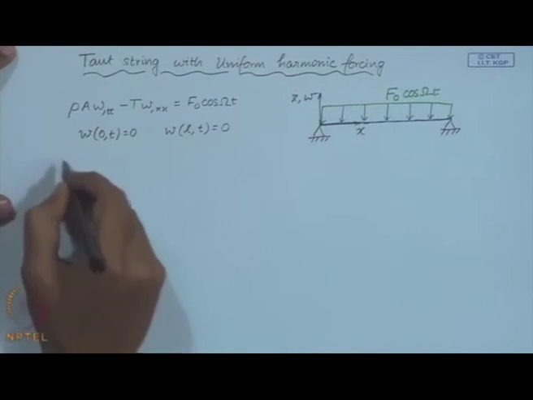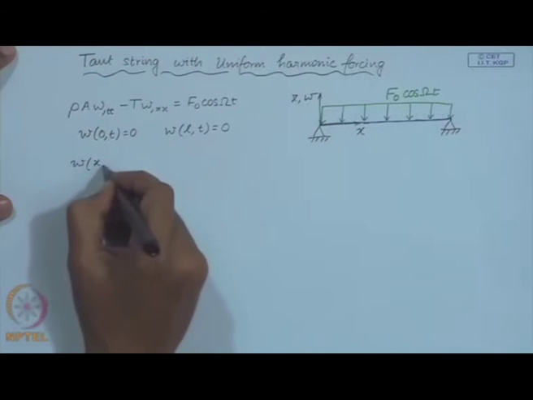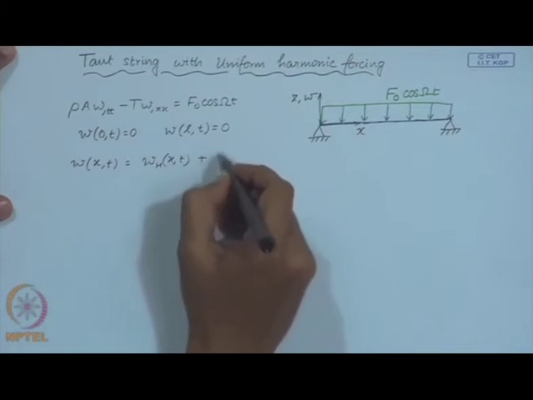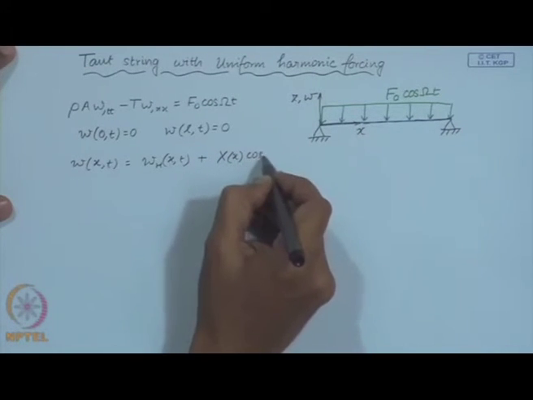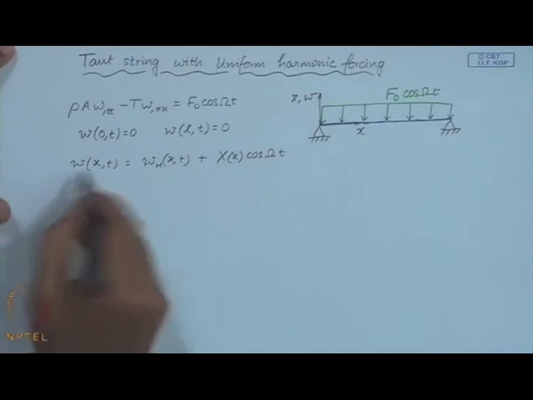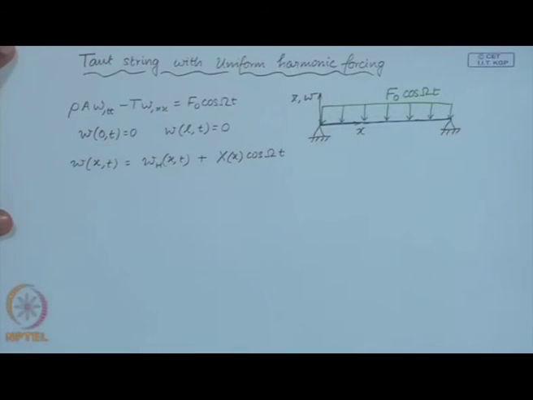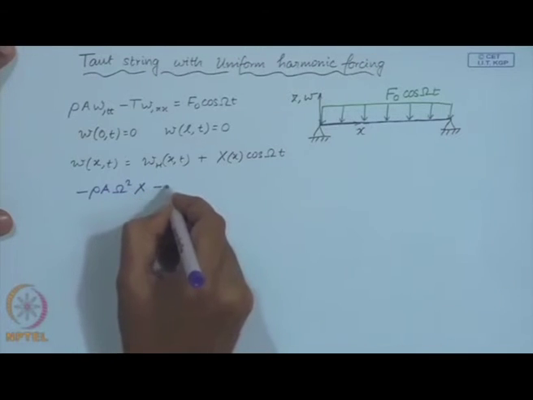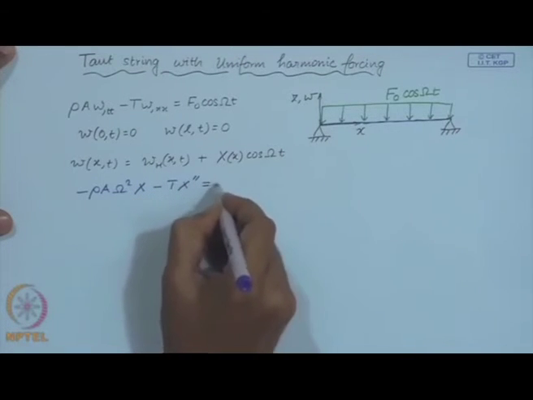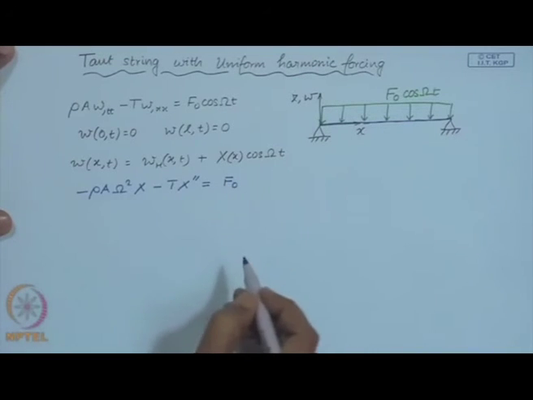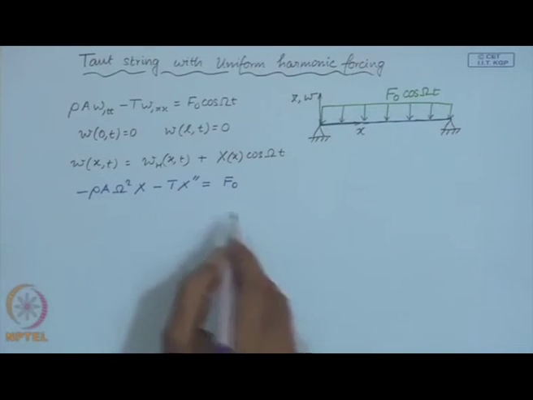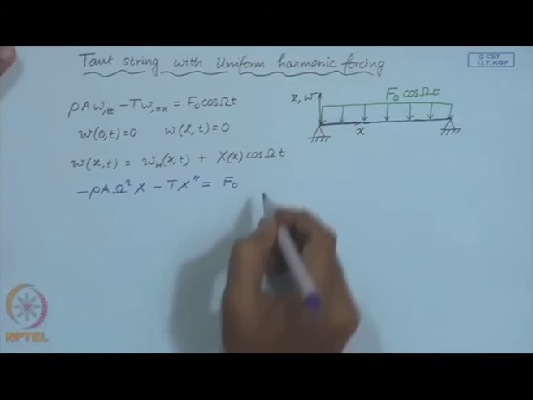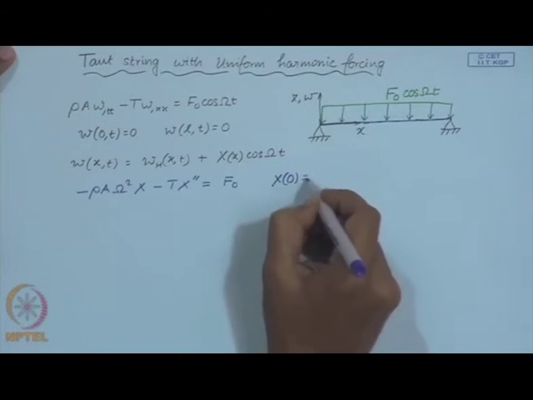Now, we are going to look at solutions in this form. If you substitute this in the equation of motion and remove the cosine omega t term throughout, then we get this along with the boundary conditions.